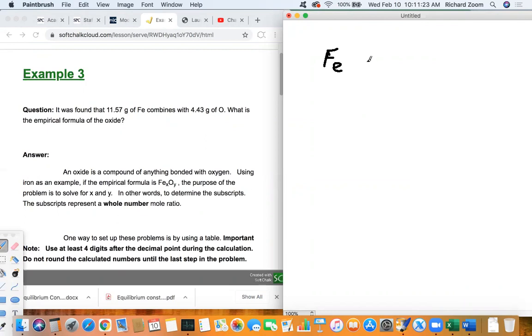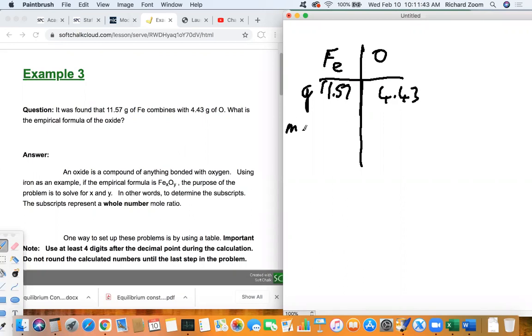That's all an empirical formula is. So I do 2 columns. I do Fe on one side, O on the other. We'll start out with the grams, which were given, 11.57 grams, and the oxygen is 4.43.